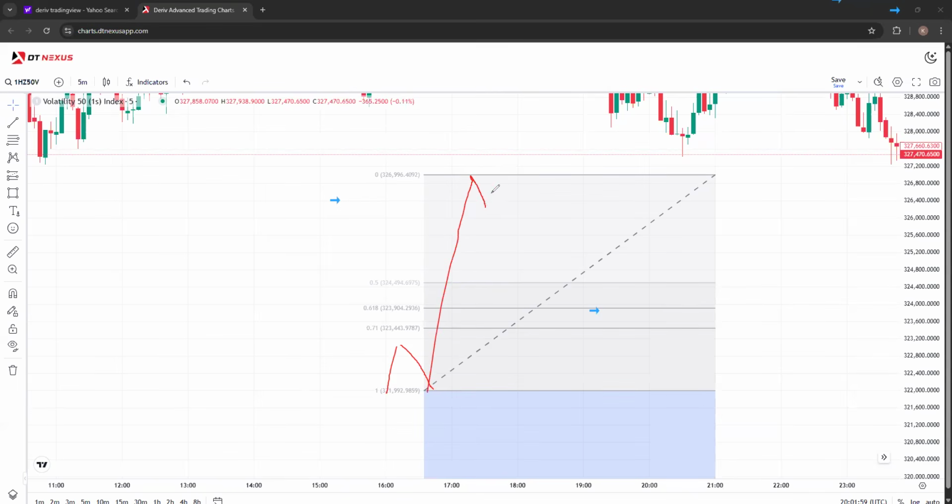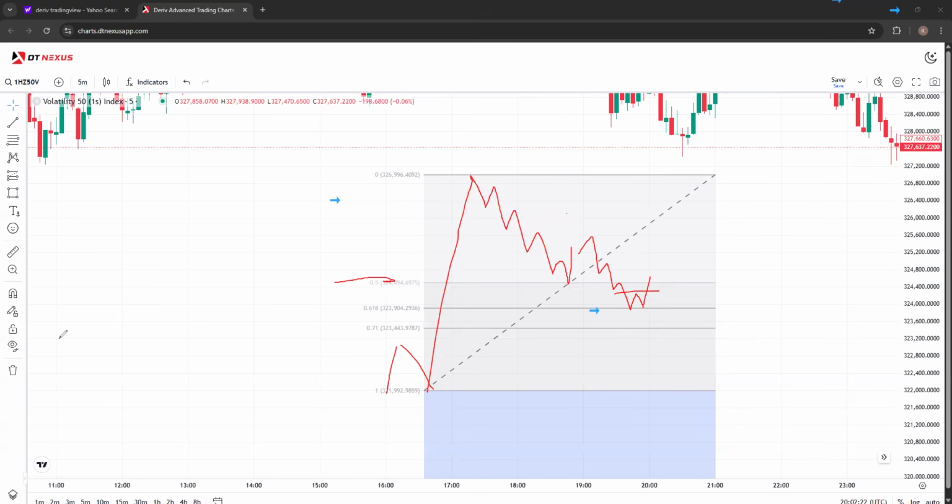Now your market structure is going to be high, low, high, low, high, low. If you get a breakout structure from a reaction that comes from the 0.5, it means your 0.5 for that trade is the one responsible. If you get a breakout structure from your 0.61, it means your 0.61 is responsible.